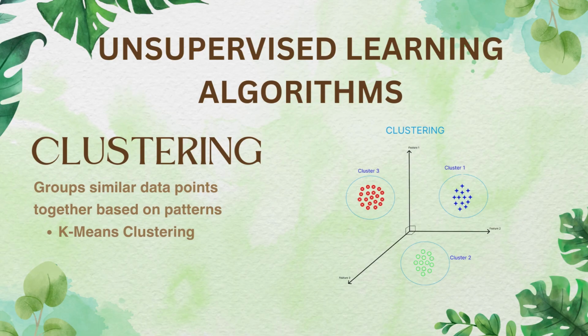Or these images kinda look alike. Exactly. The classic algorithm here is K-Means clustering. It's super popular for things like customer segmentation, like grouping users by their buying habits. And you will also see it in things like market segmentation, image compression, etc.